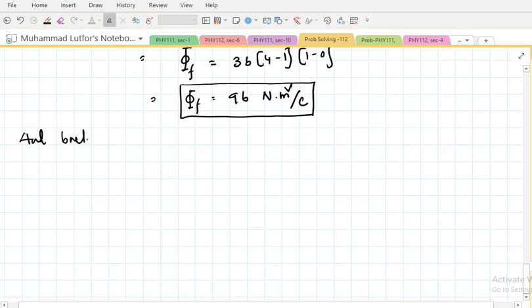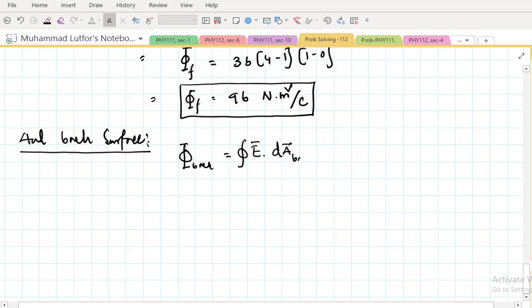and back surface, phi for back would be E dot dA back provided at z equal to 1, because when z equal to 1 you will find the back surface.